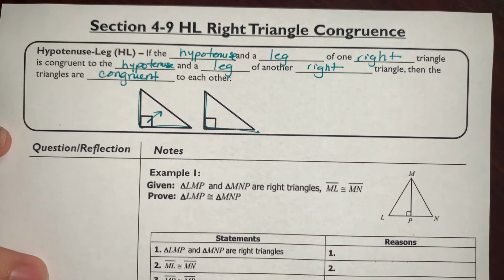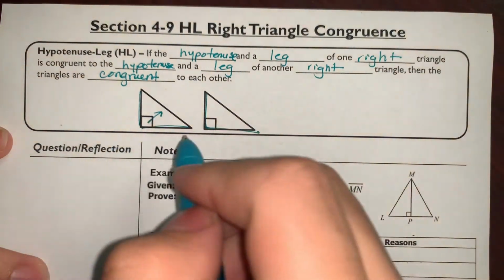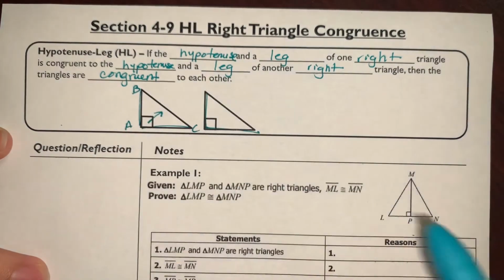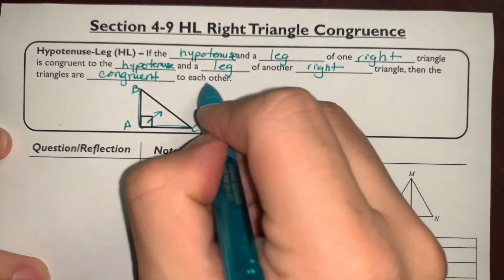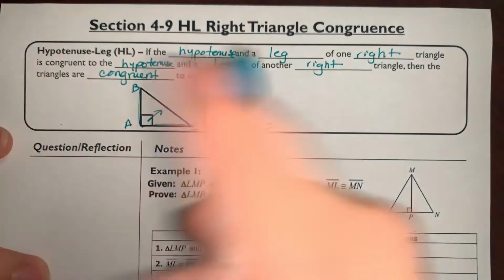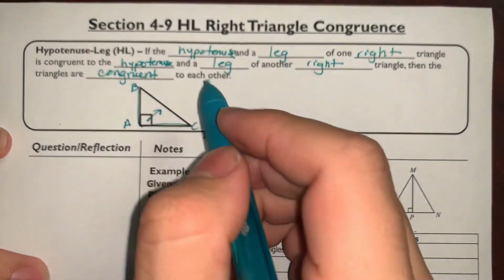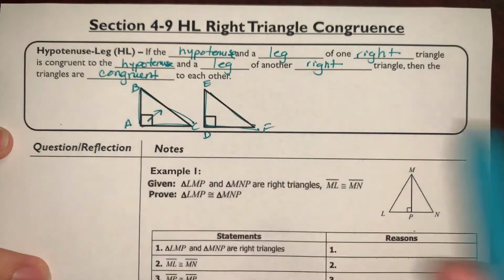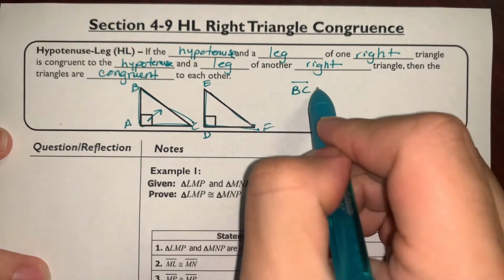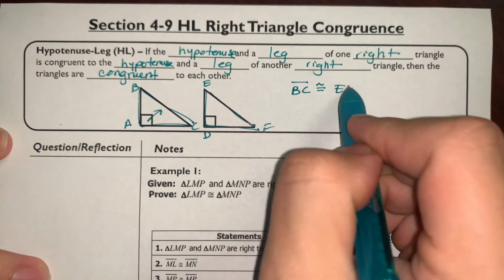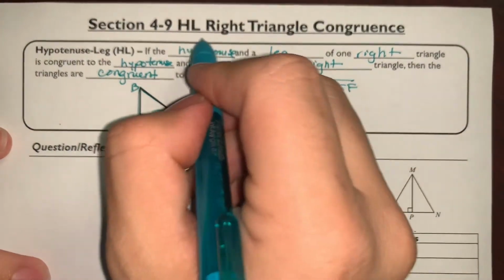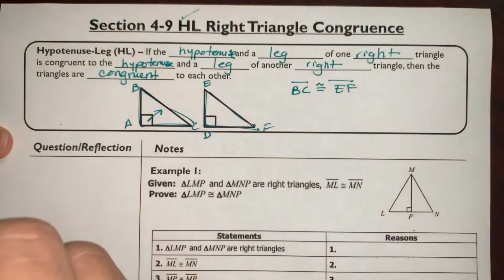I can go into a little bit more detail. Let's say we had A, B, and C right there, and then this was D, E, and F. If I wanted to prove that these two triangles are congruent, all I would need to do is first prove that both hypotenuses are the same. So if I can prove that BC is congruent to EF, well, that's one thing I got to do. I checked off that my hypotenuse, or the H of my HL theorem, is good.